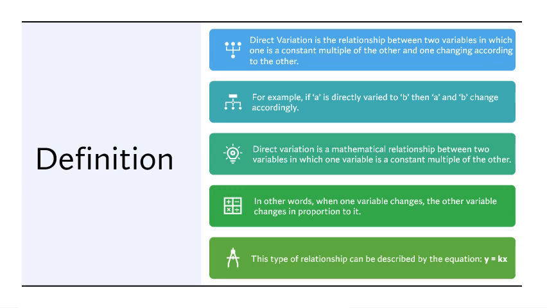Nditamba kale introduce mu lesson 1, apa tingobwerezanso pang'ono, then we'll take up and understand kuti kodi tikakamba kuti direct variation timanena kuti chani. Direct variation basically is the relationship between two variables in which one is a constant multiple of the other, and one changing according to the other.